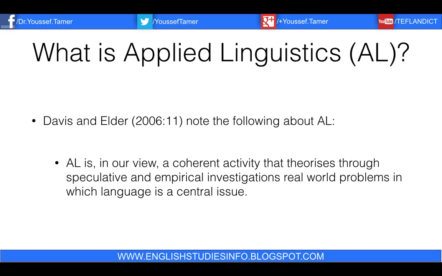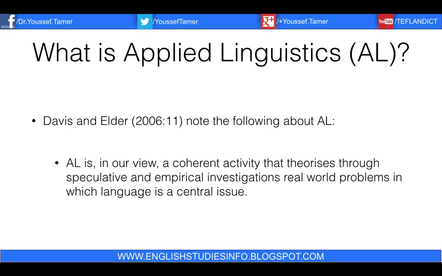So this is the focus of Davis and Elder in 2006. They don't really focus on the content or the purpose of applied linguistics, but they also try to draw our attention to how the ideas that applied linguists come up with come about. They theorize via speculative and empirical investigations for real-world problems. That's because one of the chapters that we will see later on is about research in applied linguistics.